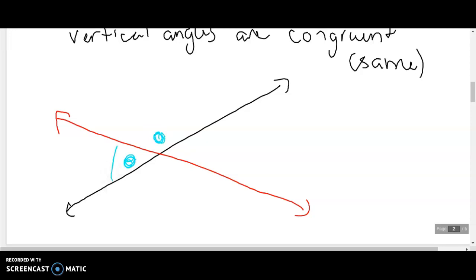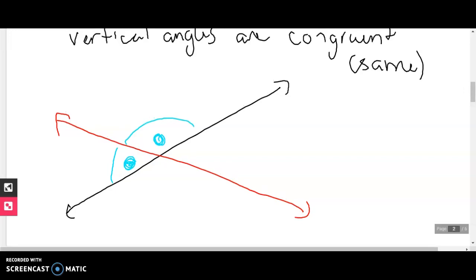And obviously, if I put those two angles together, I make my 180 degrees. And for vertical angles, this would be vertical to this one, so these two angles are the same. And that is why adjacent angles are supplementary and vertical angles are congruent.